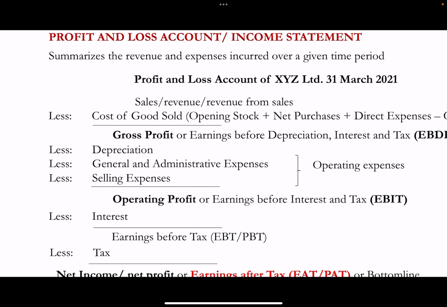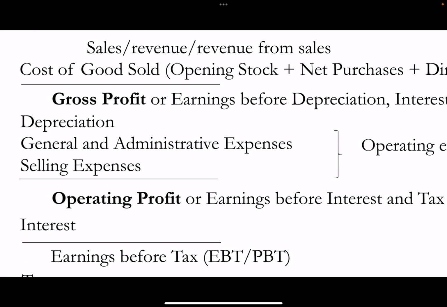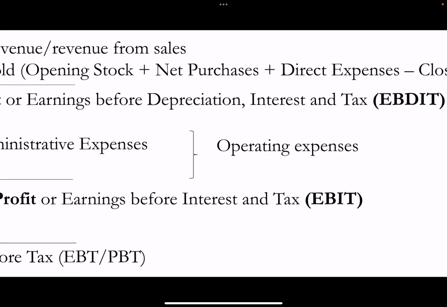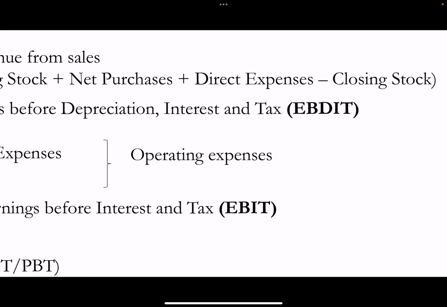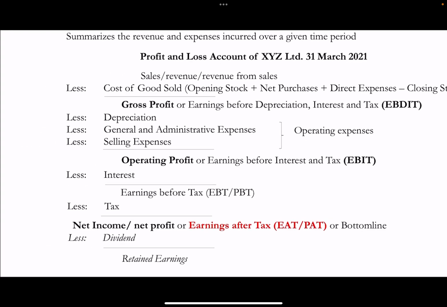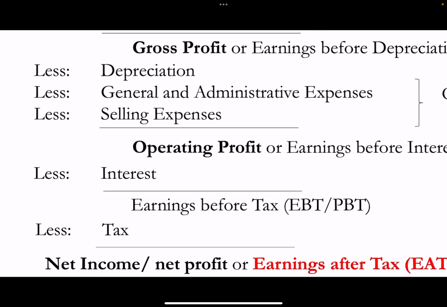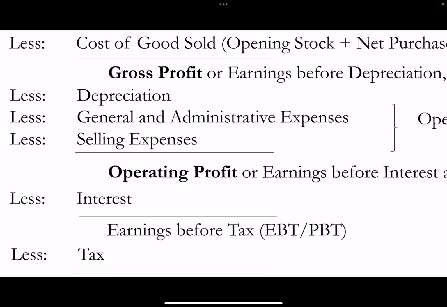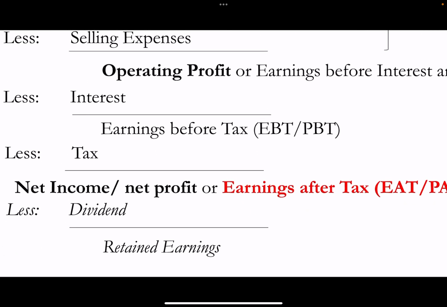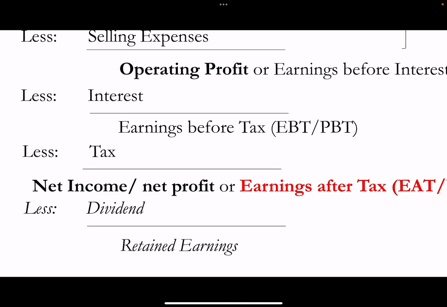So you will get operating profit or operating loss, also known as earnings before interest and tax, EBIT. From EBIT you then deduct interest, and after deducting interest you will get earnings before tax, which is also known as profit before tax.